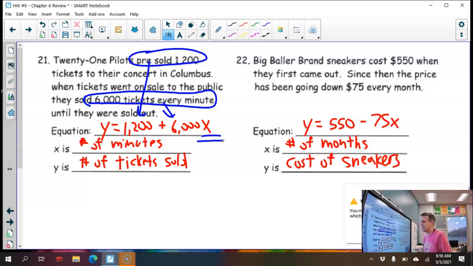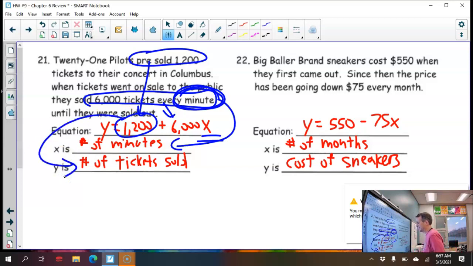So again, x is how often it's going up. How often it's going up is minutes. Where the y is, what is it that's going up? What does this number represent? It's the beginning amount of tickets sold, right? Y is always the beginning amount of whatever you're doing.